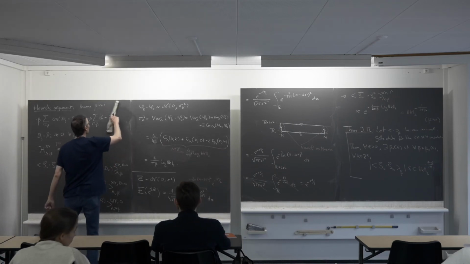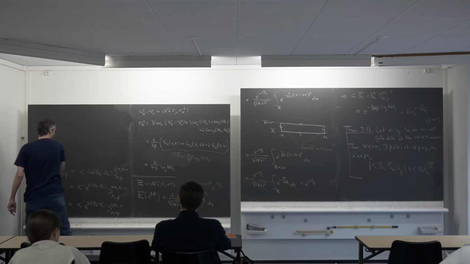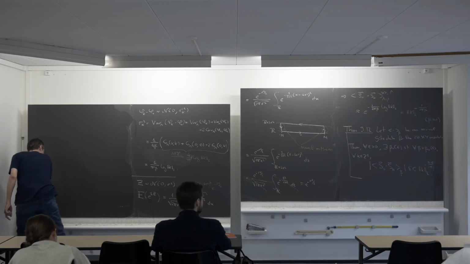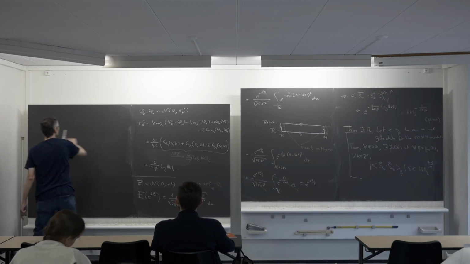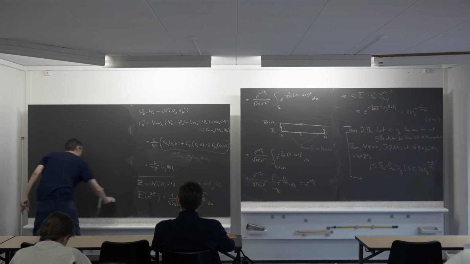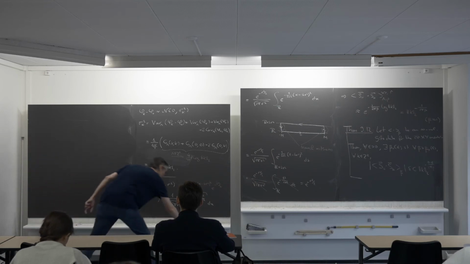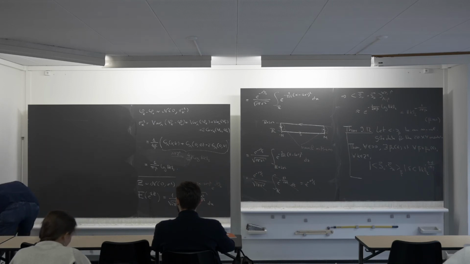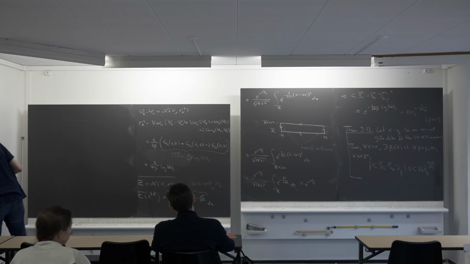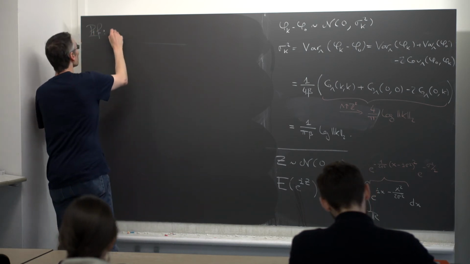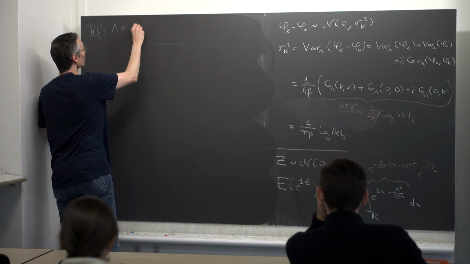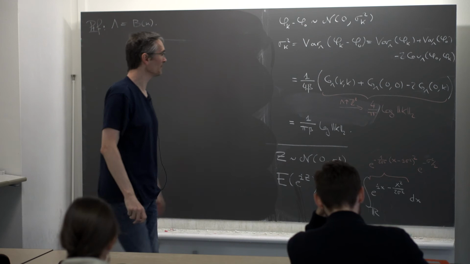So let me start the proof. As before, in order to lighten the notation, let me write lambda for a square box of radius n.